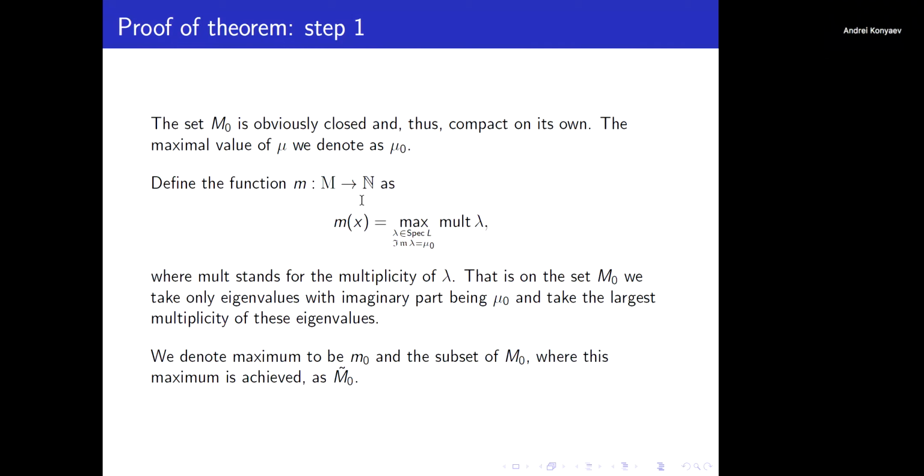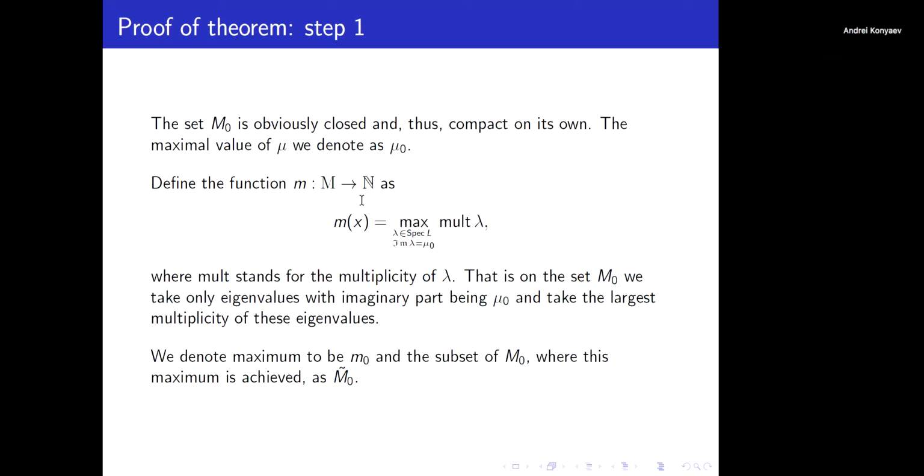And we say, well, let's take this largest multiplicity and fix another set, which is M0 with a tilde. We take this set, and this is exactly the set of the eigenvalues with the largest multiplicities, right? Imagine the entire manifold like a sphere or something, whatever is easier for you to imagine.